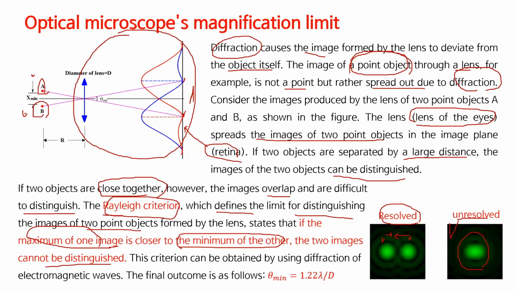So here, this red image is due to object B, and the blue image is due to object A. And here, the maximum of one image, for example this red image, so this maximum here, is close to the minimum of the other, blue.